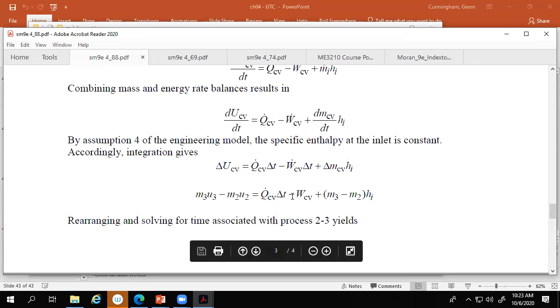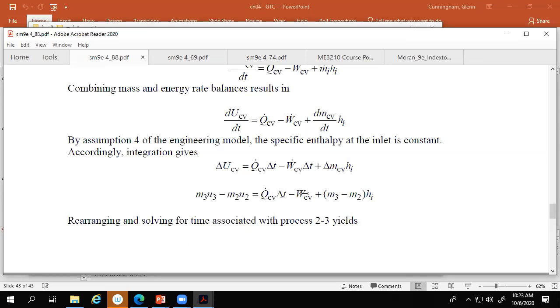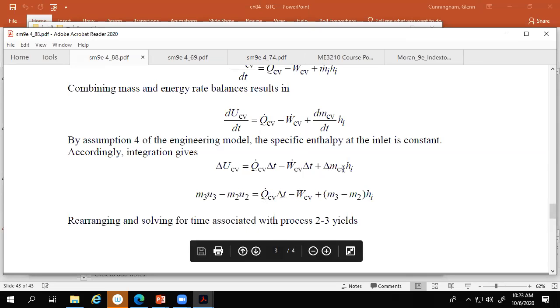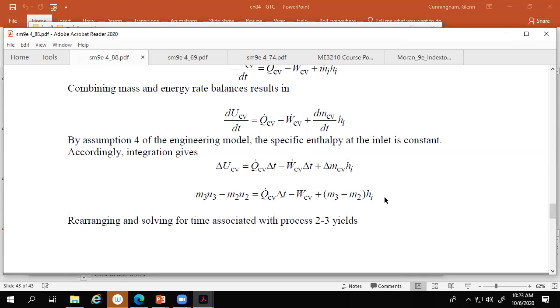We got the heat transfer term. This integrates into total amount of work. And the m_CV term is just m3 minus m2 times that constant enthalpy. So that's pretty similar to what we had before.